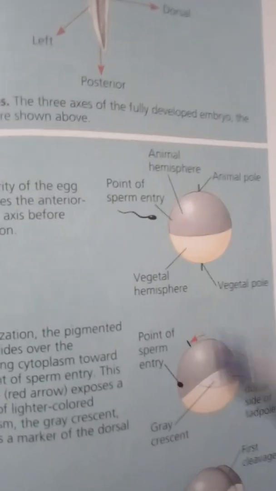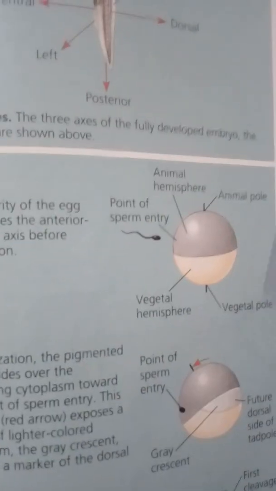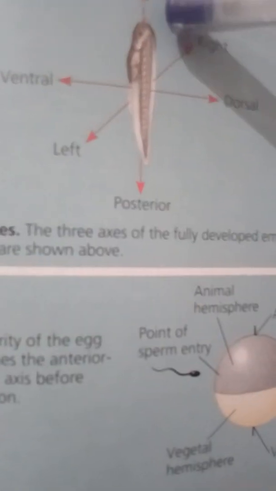The animal hemisphere is a deep gray because dark-colored melanin granules are embedded in the outer layer, the cortex, of the cell. In the vegetal hemisphere, the lack of melanin granules allows the yellow color of the yolk to be visible.